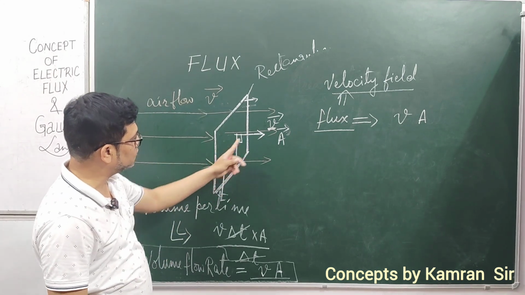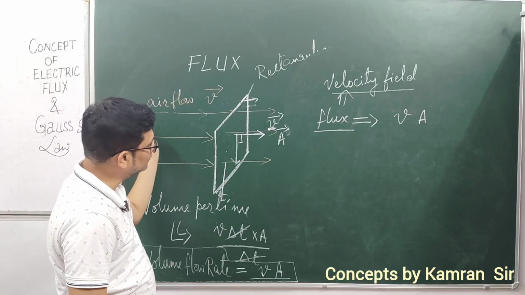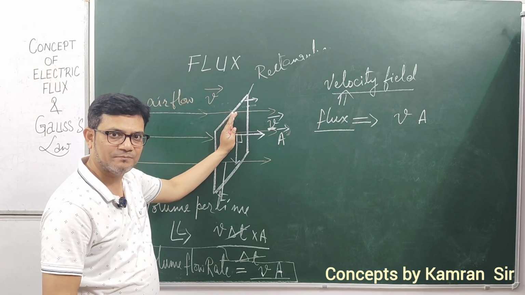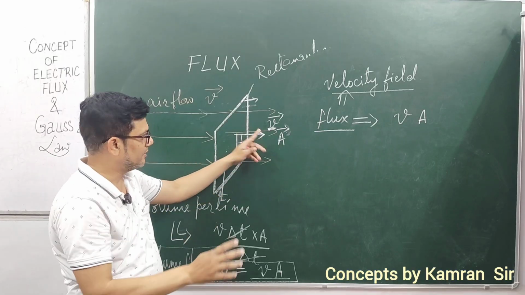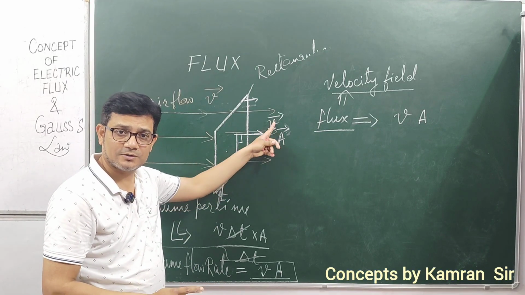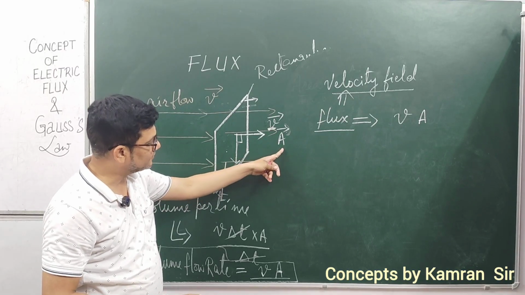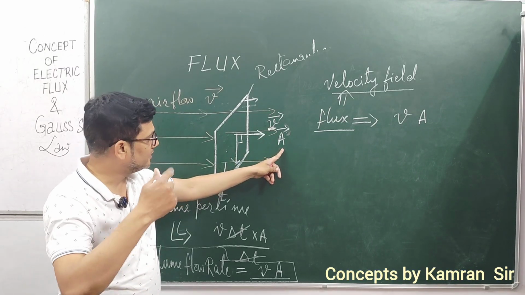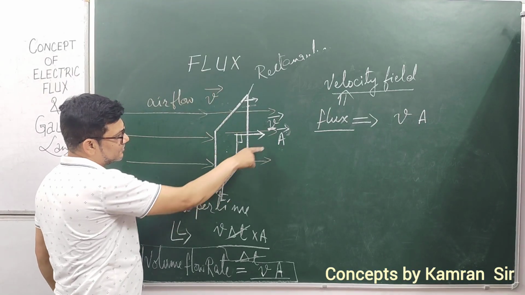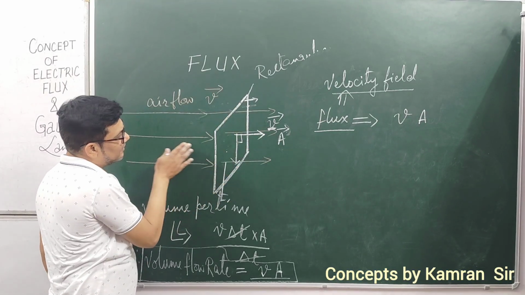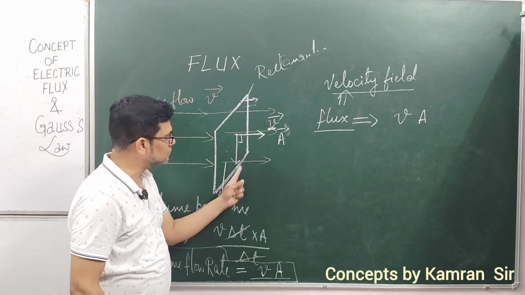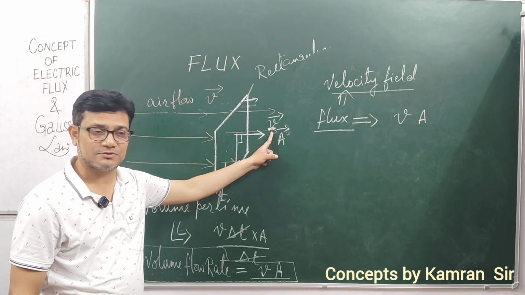So with these two extreme situations, all of the air striking this area gets through when the velocity is in the direction of the area vector, and when the velocity is perpendicular to the area vector, none of the air is flowing through it. So with these two extremes, let's take a generalized position.